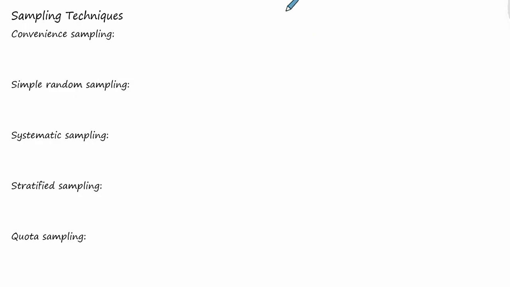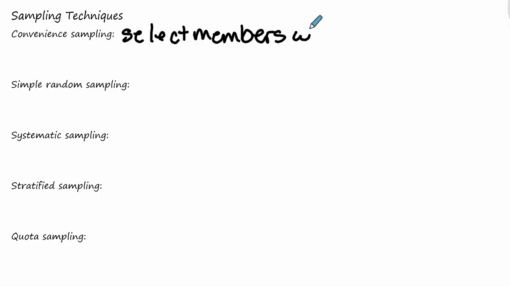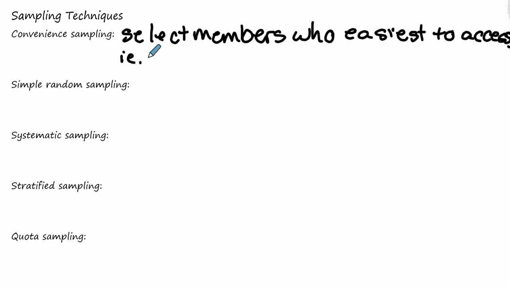So a convenient sampling is select members who are easiest to access. So for instance, my class. If I was going to sample like the student body, I might just sample my class.